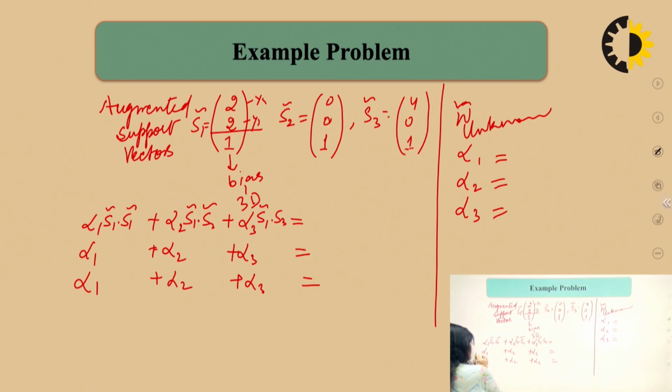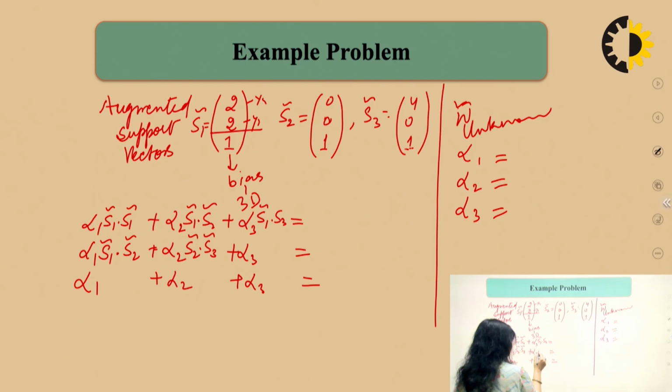So now for the second equation, I will find out with respect to the second support vector. So first S1, S2, then S2, S2, and then you have to find out with S2 and S3, right?